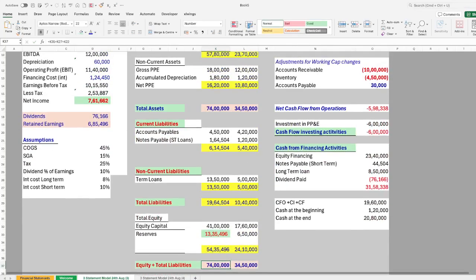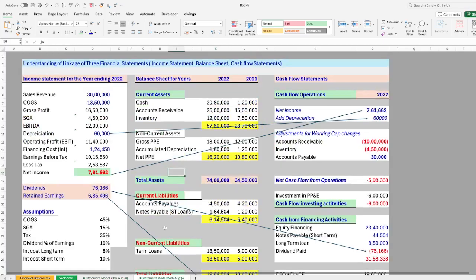So understanding the linkage of important items from the income statement to the balance sheet and the cash flow statement is important.